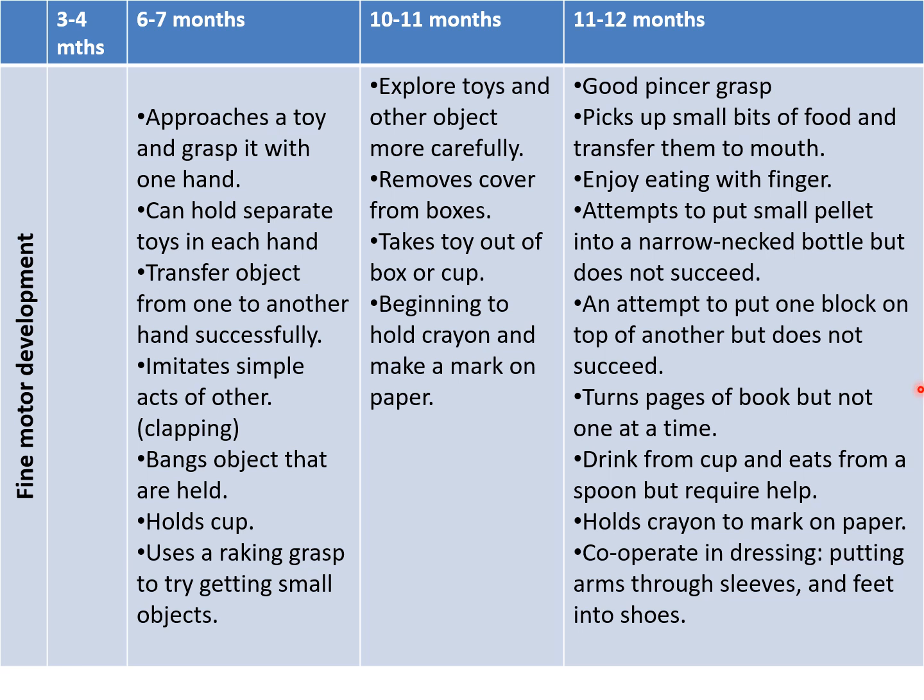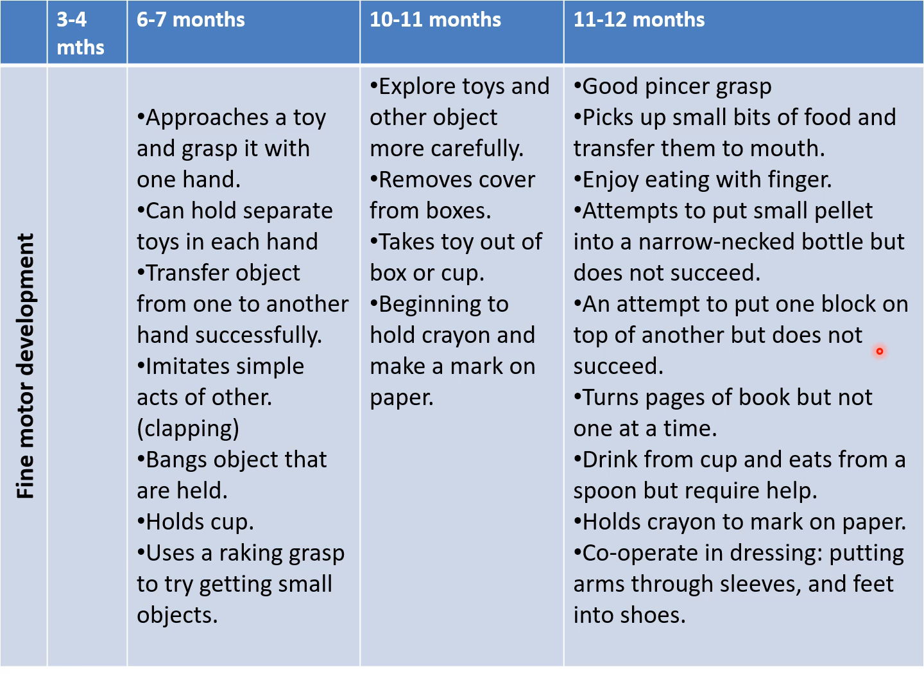An attempt to put one block on top of another, but does not succeed. Blocks you can give, but they won't be successful in keeping them. Turns pages of a book, but not one at a time. Maybe 10 pages at a time they will be turning, or the entire book they will be closing. So like that, when you're giving a book, they will be turning.